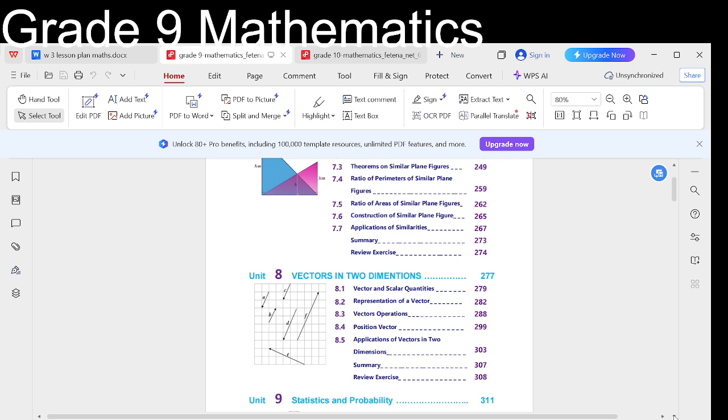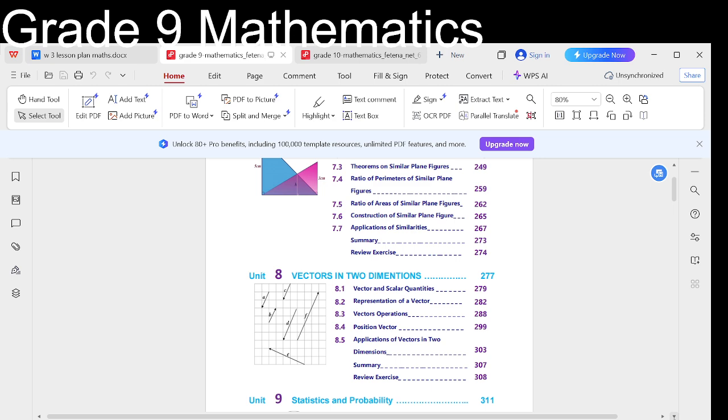For example, vector quantities include acceleration, force, velocity, and displacement. When it comes to scalar quantities, we can mention the mass of an object, speed, etc. The other subsections are representation of vectors, vector operations, position vector, and applications of vectors in 2 dimensions.